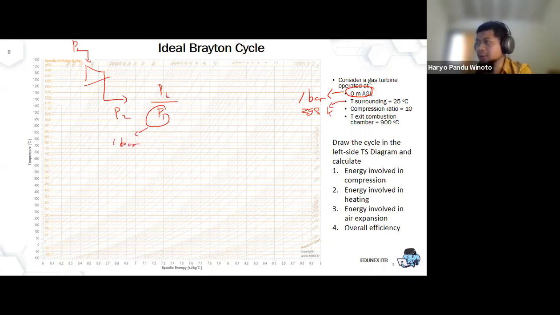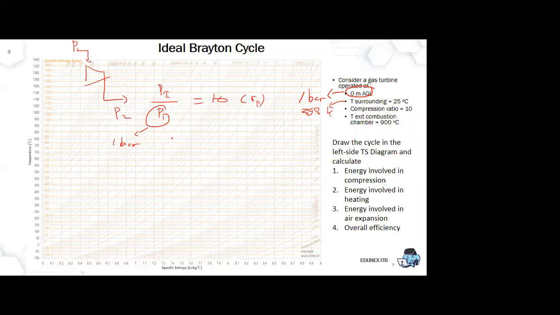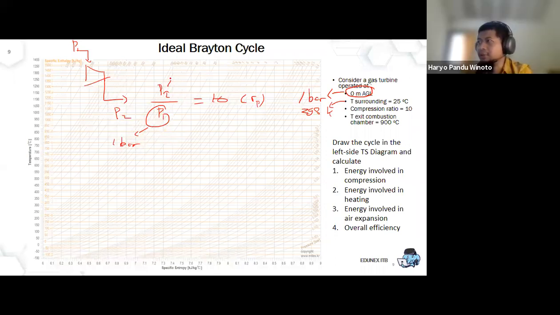So what is P2 here? If we have compression ratio equal to 10, and in this chapter it is always called RP, ratio of pressure. So what is P2? P2 is 10 bar. That's simple. Here is 10 bar.